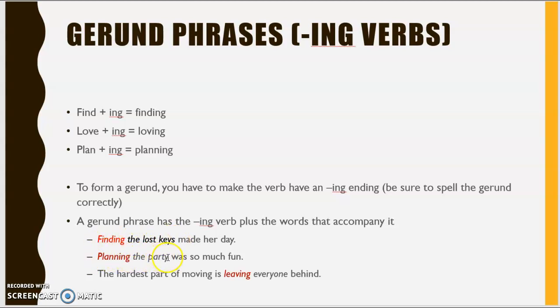Planning the party, that's the whole gerund phrase. Leaving, right? So you want to make sure that you can start sentences with ings, so it becomes the subject, or have it as the main verb of a sentence.